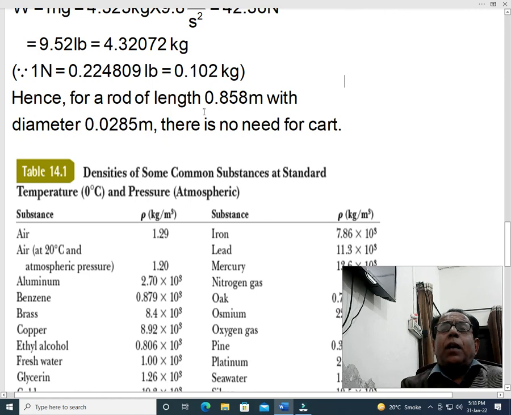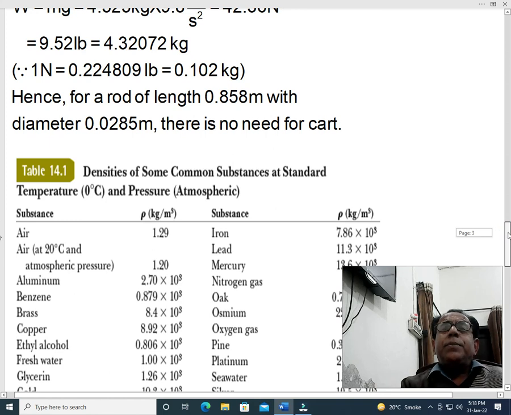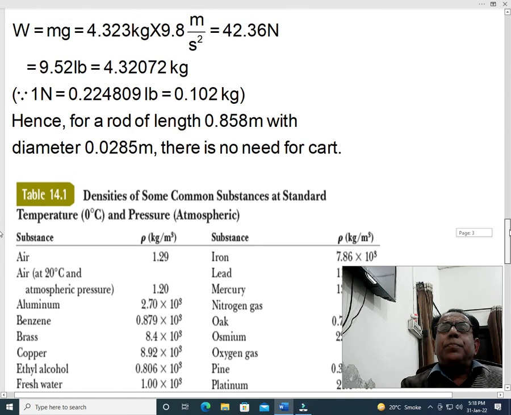Hence for a rod of length 0.858 meter with diameter 0.0285 meter, there is no need for a cord, dear students, because this length is less than 1 meter.